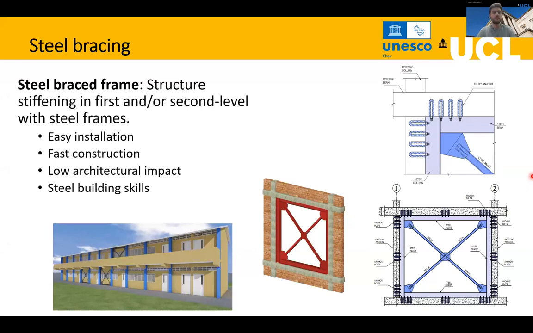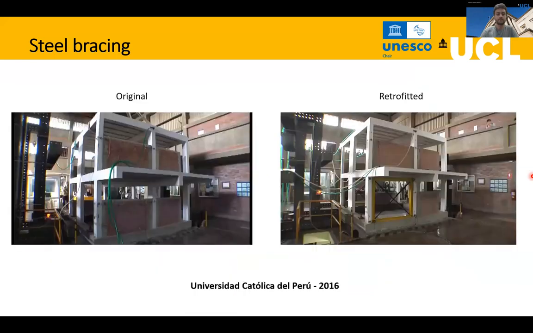The main problem of this is that some skills related to steel and welding are needed. So these type of skills are usually not found all across the countries. For example, maybe in an urban scenario, it will be possible, but if you are far away in a school, in a rural school, in a developing country, there will be more complications in this installation.